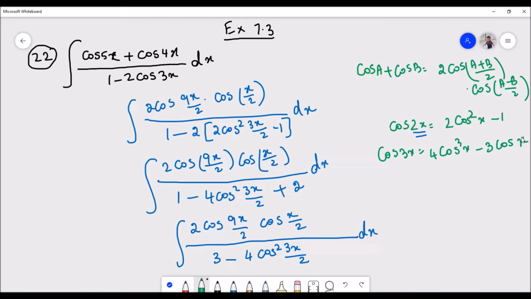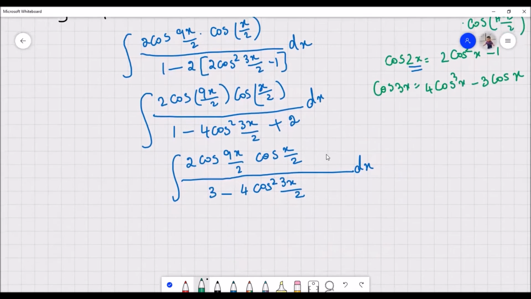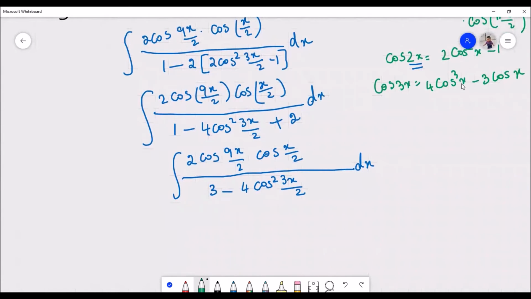So how can we use it? Because here we can see 4 cos square 3x by 2 is there. How can we bring it to that form? We need cos cube x, but here the coefficient is 4 and 3 is also there. So let me multiply and divide by cos 3x over 2.